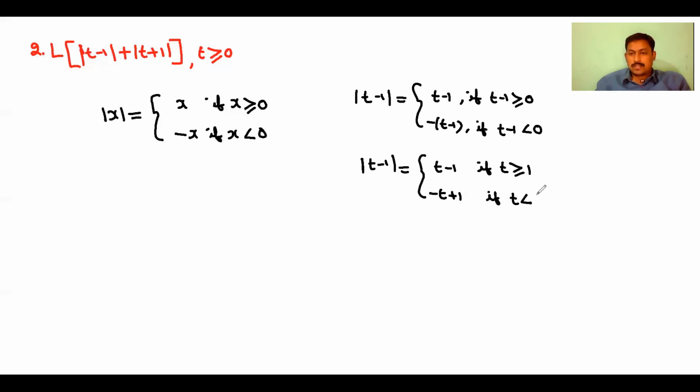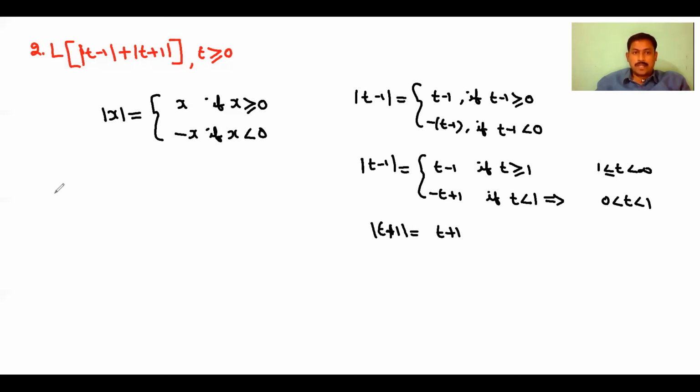is less than 1. The meaning of t less than 1 is 0 less than t less than 1. And here t greater than or equal to 1 means t lies from 1 up to infinity. If you take modulus of t plus 1, it won't change the value in the interval, so you will always get t plus 1 only.